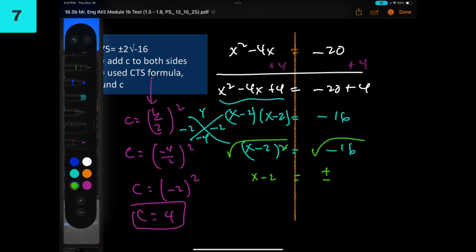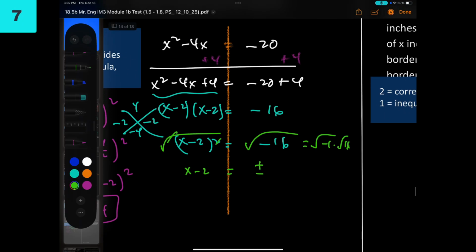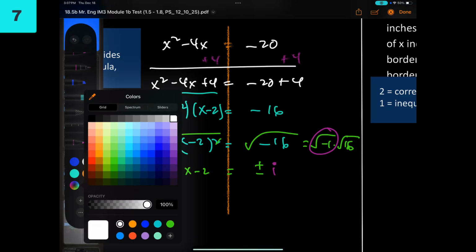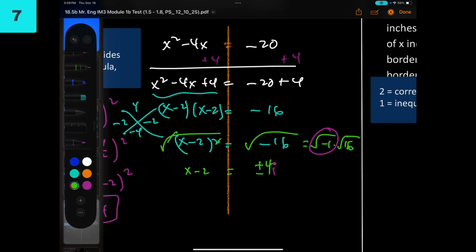This is gone, that's gone. Okay, pay attention here. This is square root of -1 times square root of 16. Okay, square root of -1 is i. And the square root of 16 is 4, but I want you to notice the 4 is not inside the radical. That's a common mistake. Okay, so we just add 2. Goes to the left. 2 plus or minus 4i is your answer.